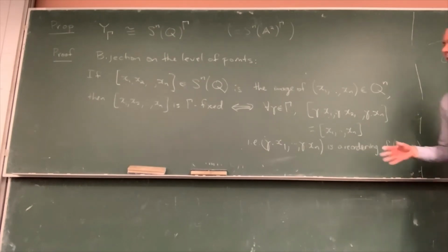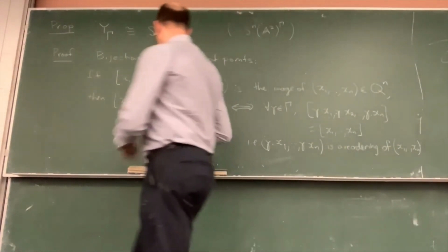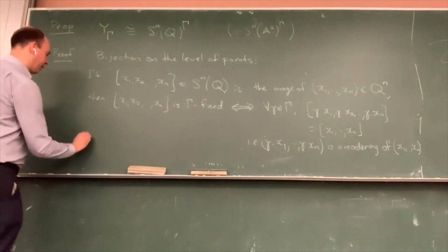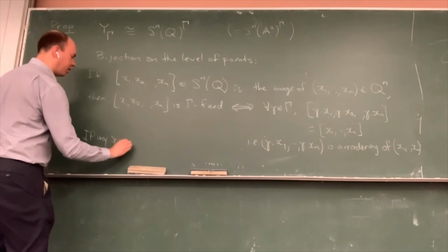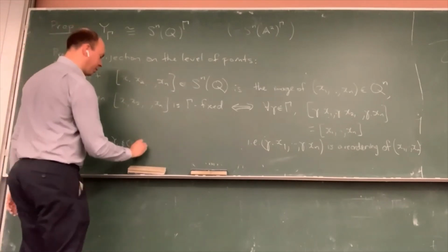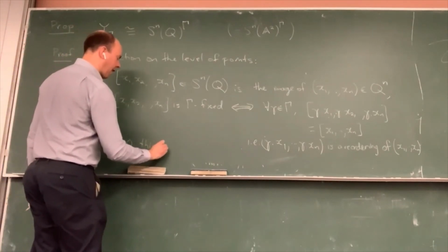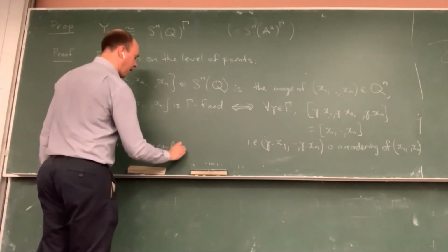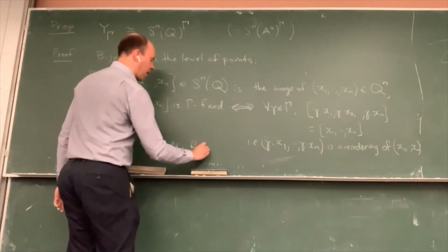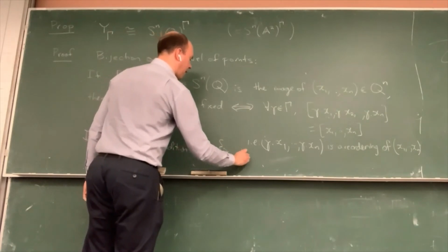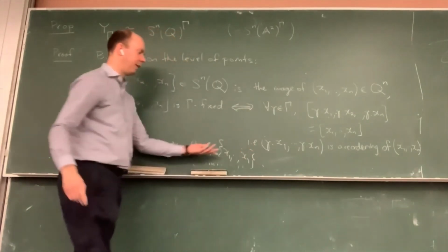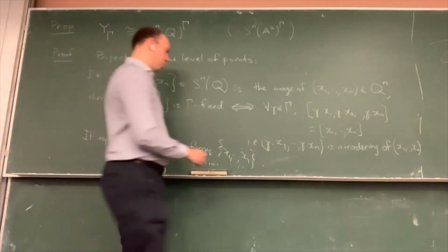And now, since the action away from 0 is free, if any xi is non-zero, this condition forces the set of x1 up to xn to be the gamma orbit of xi.